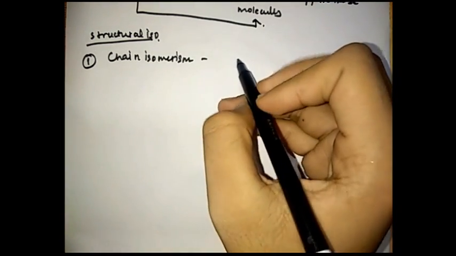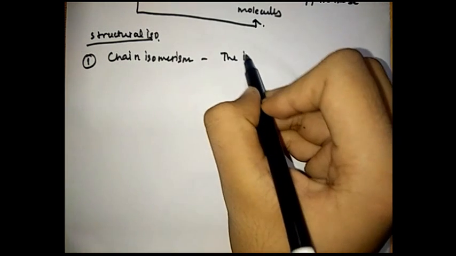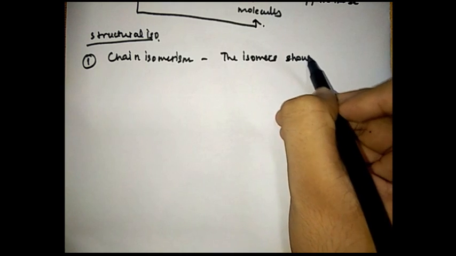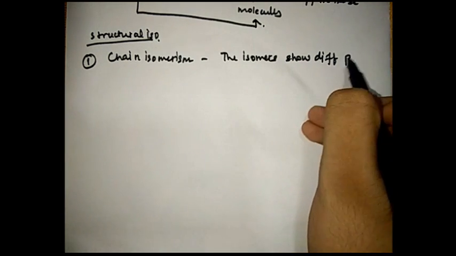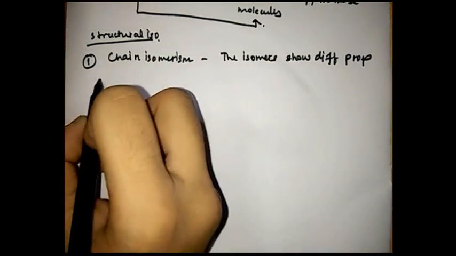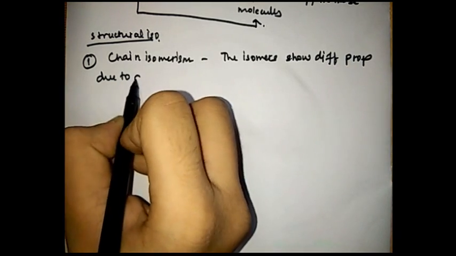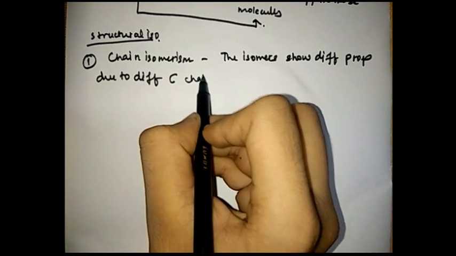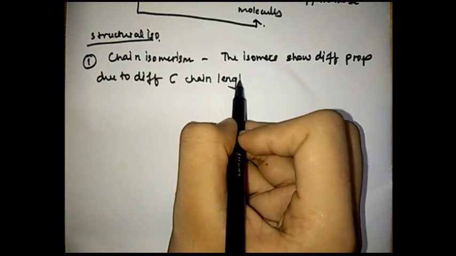So writing it down, the isomers show different properties due to different carbon chain length.